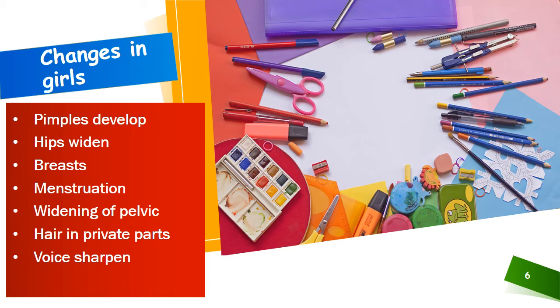Girls will begin to menstruate, okay, they'll start having periods, and there's widening of the pelvis, which prepares a girl for child delivery. Then there is the growth of hair in the private parts, and the voice in girls becomes sharp. So these are some of the changes that you should expect to see in girls.